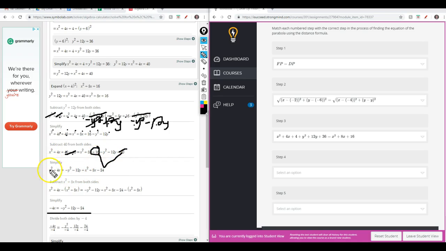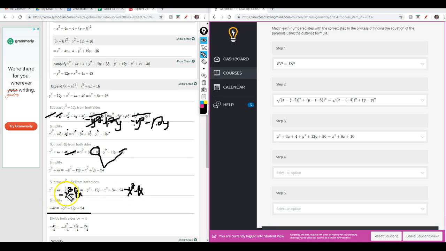So then you'd still have x squared brought down plus 4x brought down is equal to this negative y squared minus 12y plus 8x squared plus 8x and minus that 24. So then the next step that they are showing is to subtract that x squared plus 8x from both sides. Again, you can more commonly just write it as minus x squared minus 8x and minus x squared minus 8x.